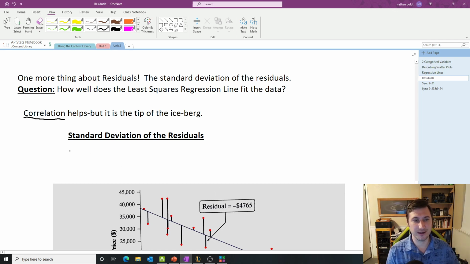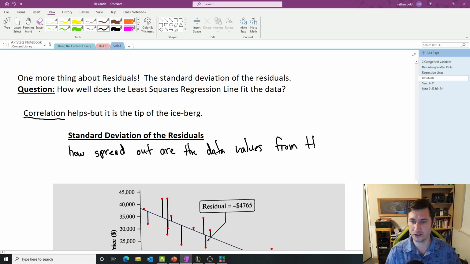This is kind of like how spread out the data values are from the regression line.